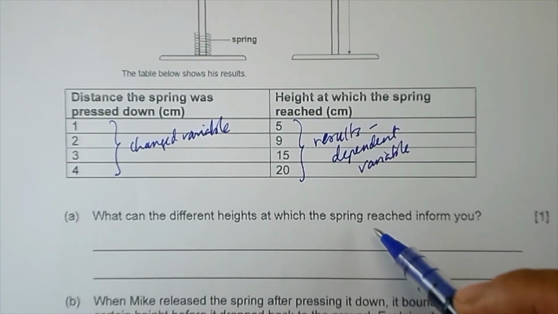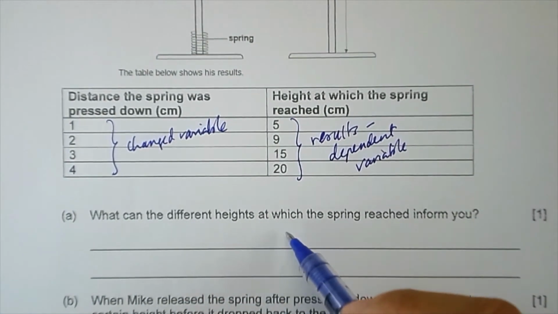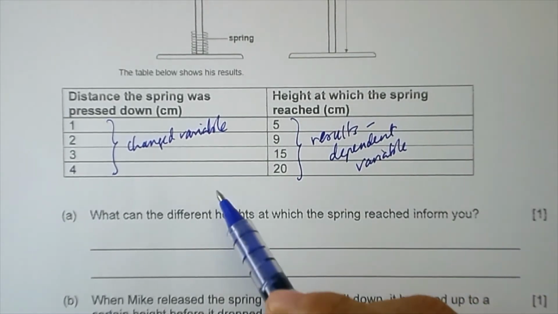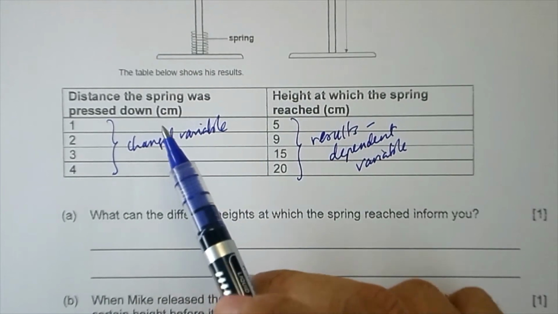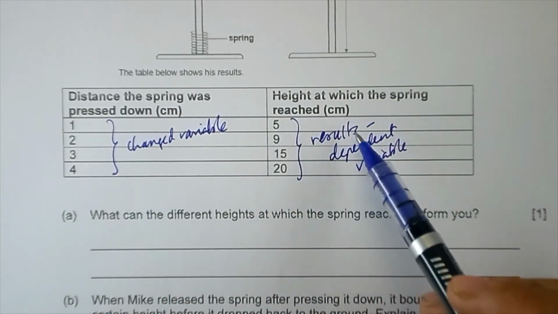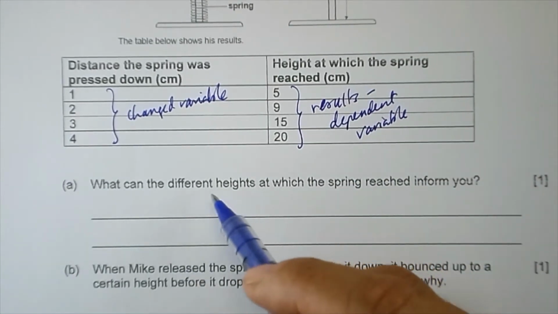So the question reads, what can the different heights which the spring reached inform you? So what is the relationship, in other words, between the distance the spring was pressed down and the height which the spring reached? So what can we say?